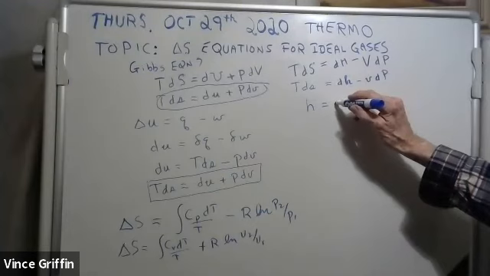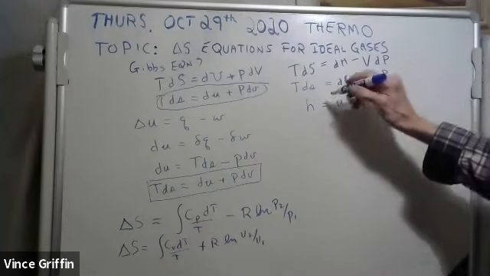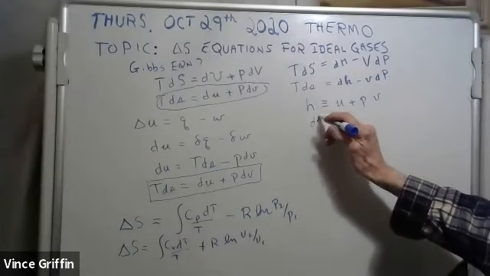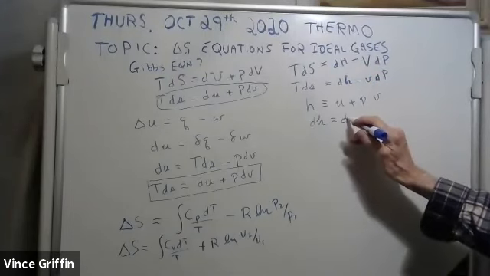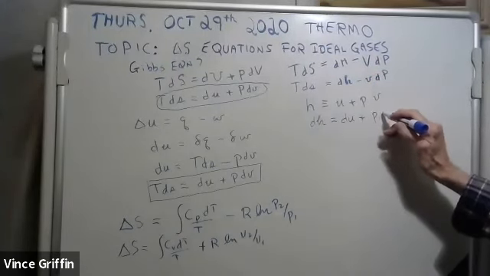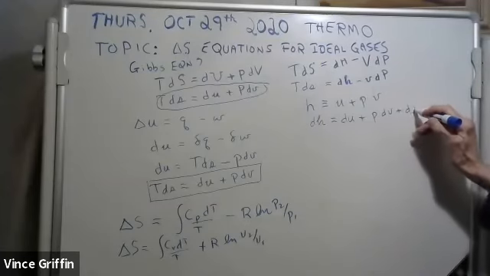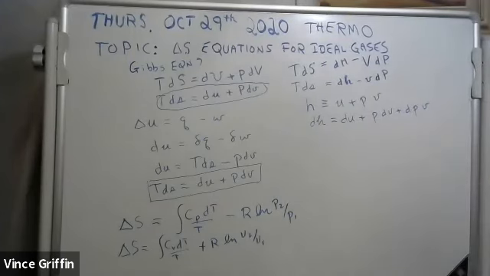H is equal to U plus PV. By definition, that's a definition. So dH would equal du plus P dV plus V dP. I used the product rule. You didn't get lost, I hope.